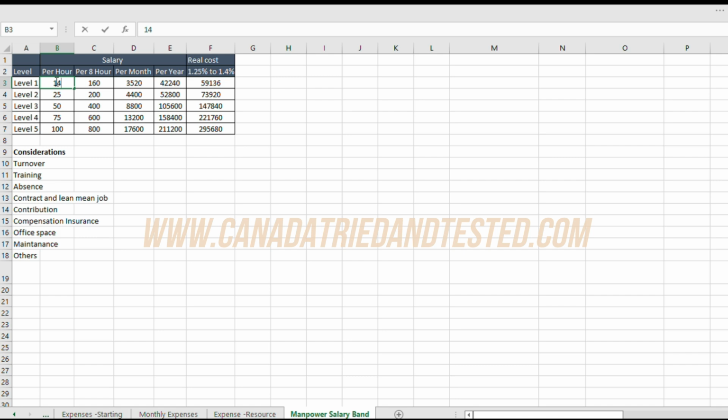Okay, so don't touch these cells C to F, don't touch. And you see here this shows the per hour rate, and based on the per hour rate, if they are working for 1 day, this is going to be the cost. For a month, you will pay them this much salary, and then per year this will be the cost to you. And overall, for the real cost I have kept 25% to 40%.